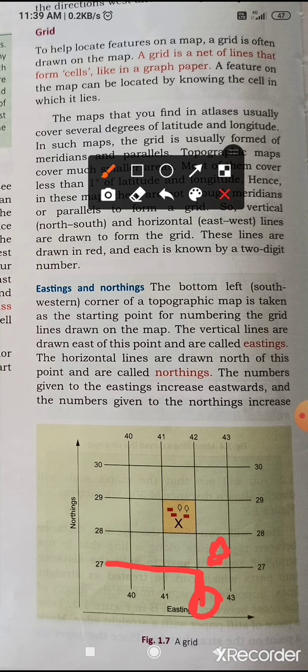So your answer will come 42, 27. So this is the 4-figure grid reference. And you have to remember that grid lines are always in red color. Okay, so the grid lines are always in red color. I hope this 4-figure grid reference is clear to all of you.